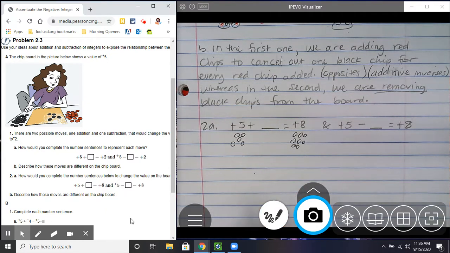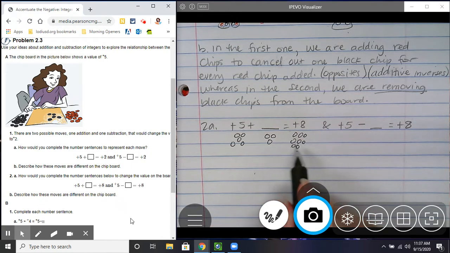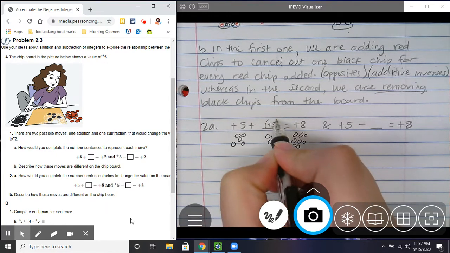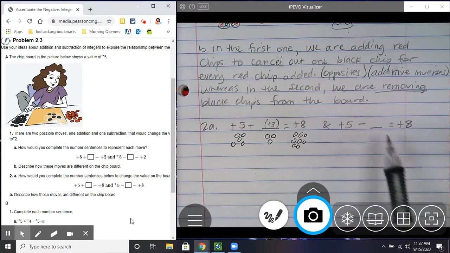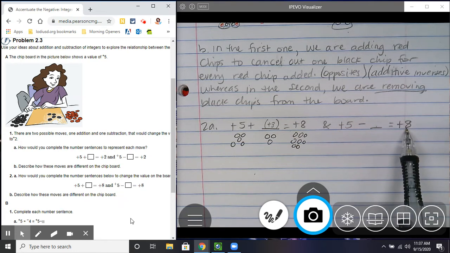So I would say the natural inclination would be to add 3 black chips for a total of 8. So we are adding 3 black chips. Here, now we have to get a little fancy, I would say, because we are taking away something and then getting positive 8.